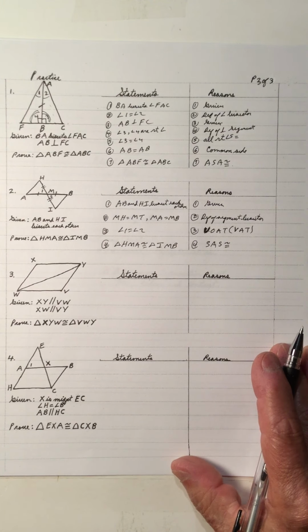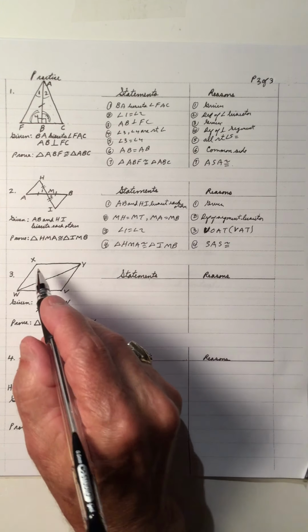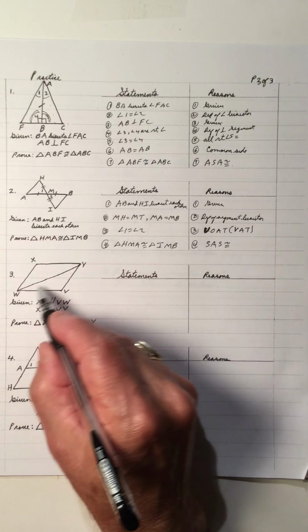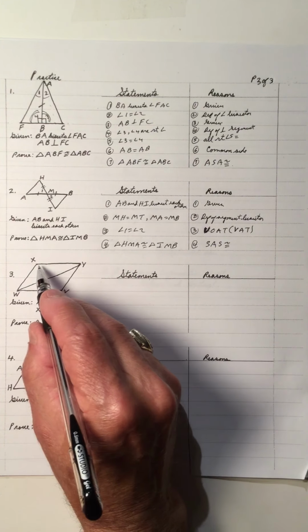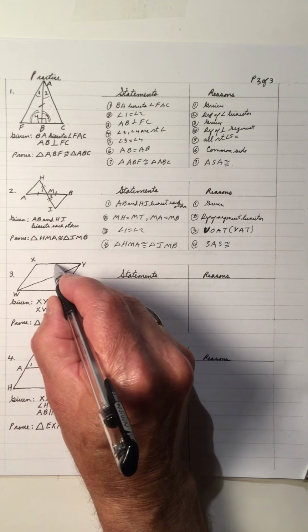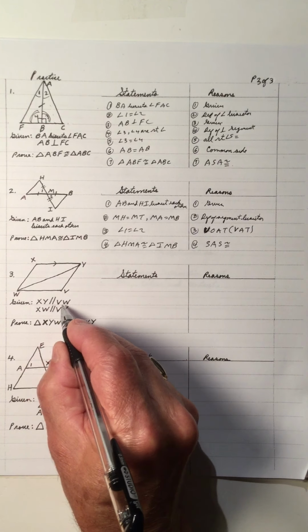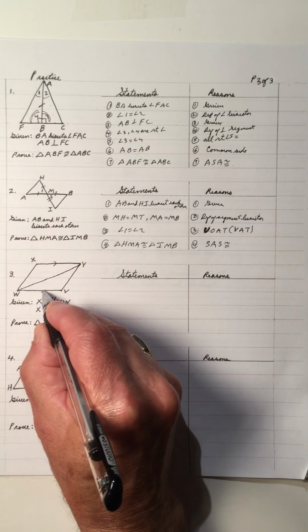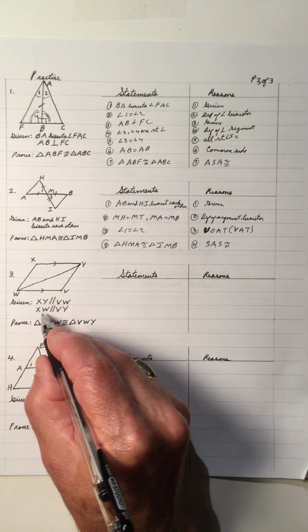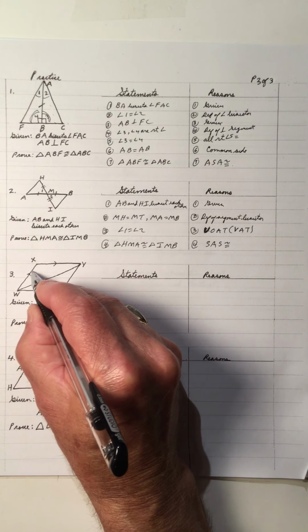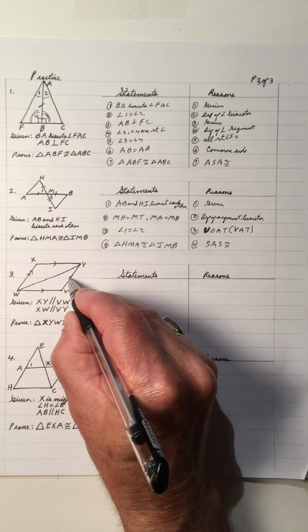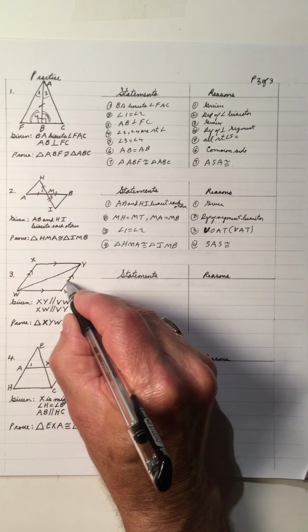Okay, number 3. Let's see, we have a diagram, a diagonal. So this is a quadrilateral. It says that XY is parallel to VW. So I mark that. And then it says that XW, so I'll mark this with 2 arrows, is parallel to VY.